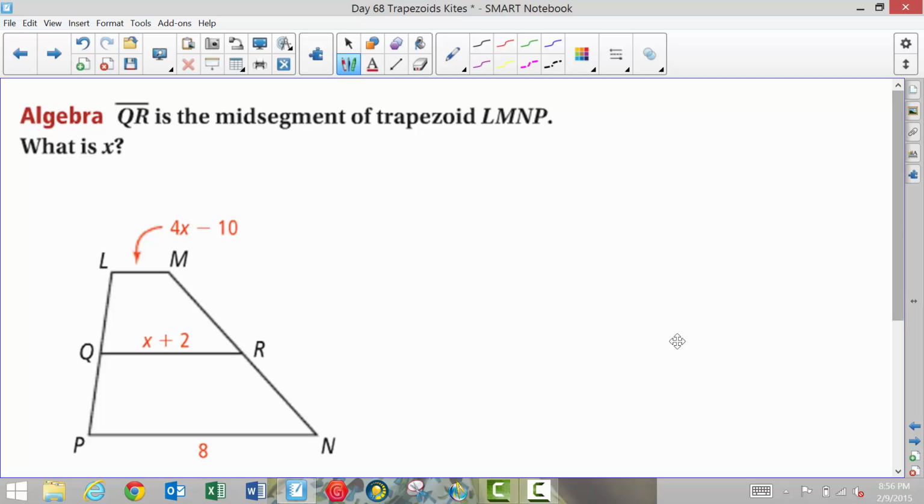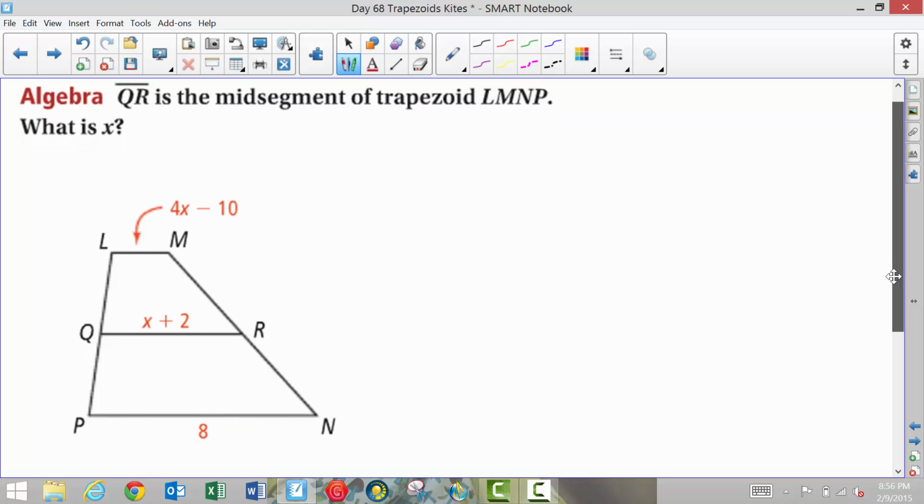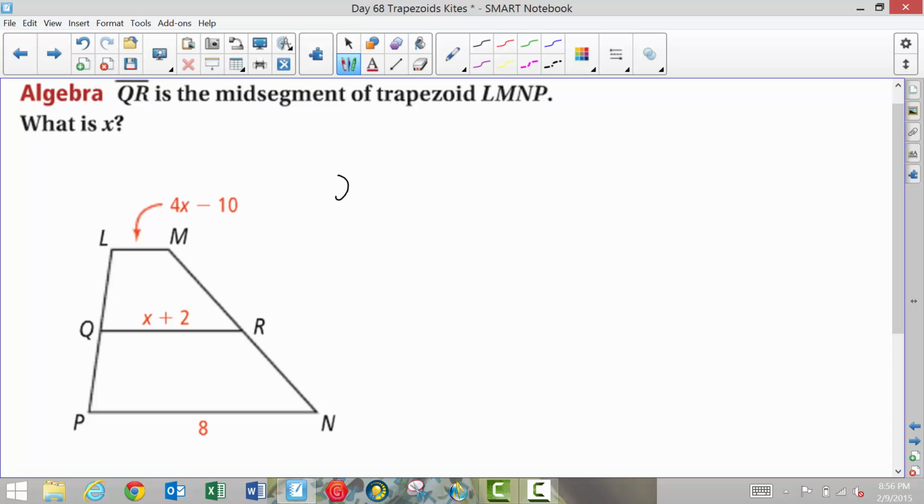Let's apply the mid-segment rule. So the mid-segment rule states this, that 2 times the mid-segment is equal to base 1 plus base 2. Well, my mid-segment, it's going to be 2 times QR equals LM plus PN.